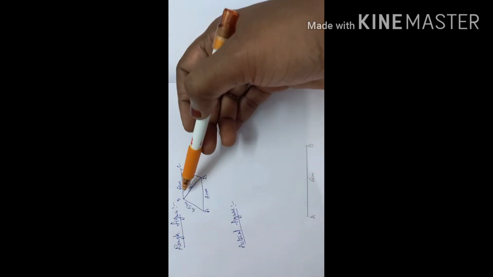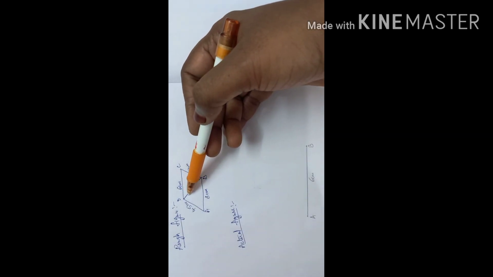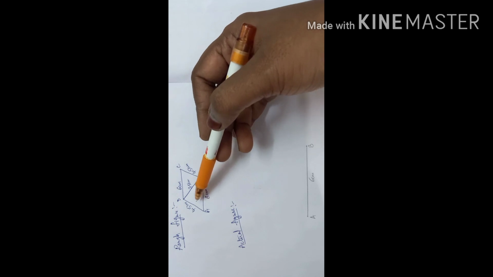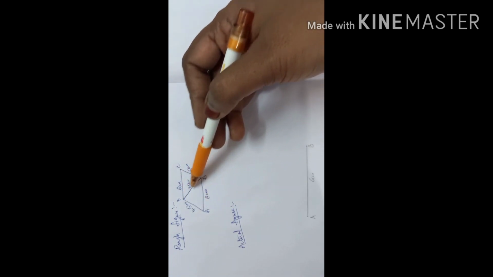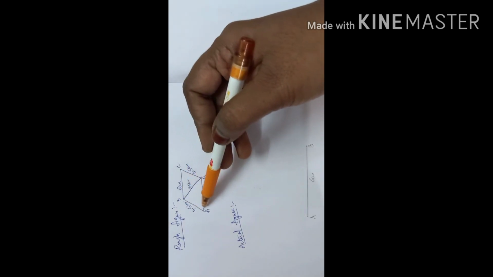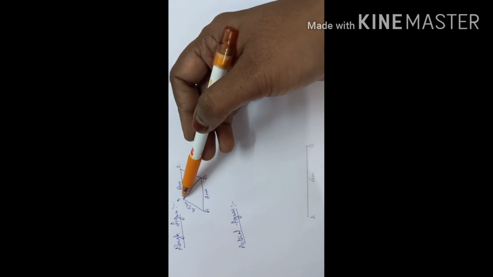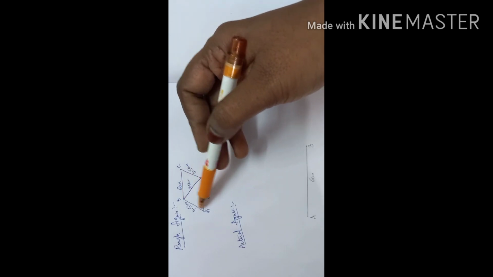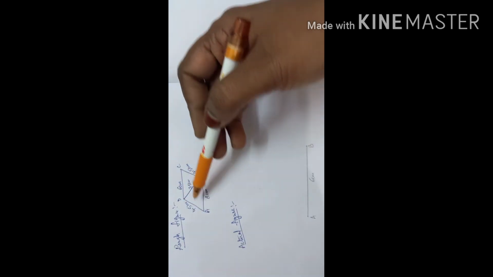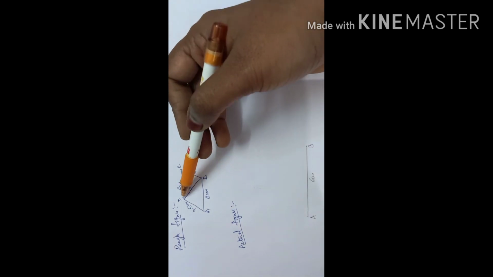Next, we have to find the vertex D. Why? Because ABD is a triangle. So in this we can simply find D. It is away from 4.5 centimeters from A, and from B it is 7.5 centimeters.